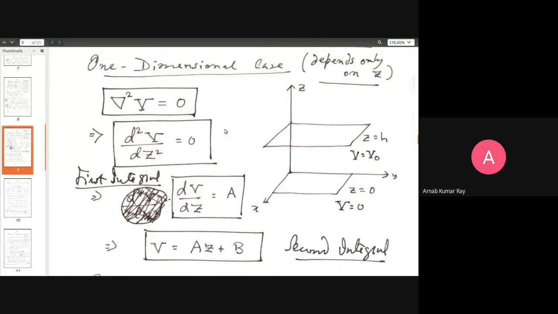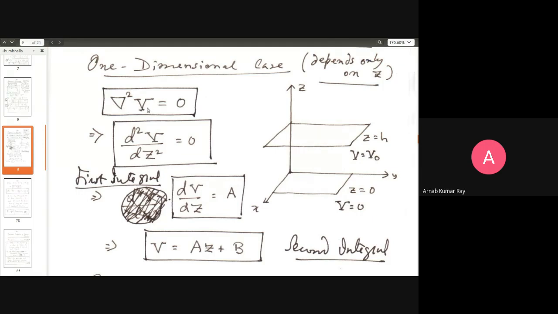Incidentally, I would like you to make a note of something. There is always, in all of these problems, a solution known as a trivial solution. What is a trivial solution? Del squared V is equal to 0. One solution that will always work with this equation is V is equal to 0.